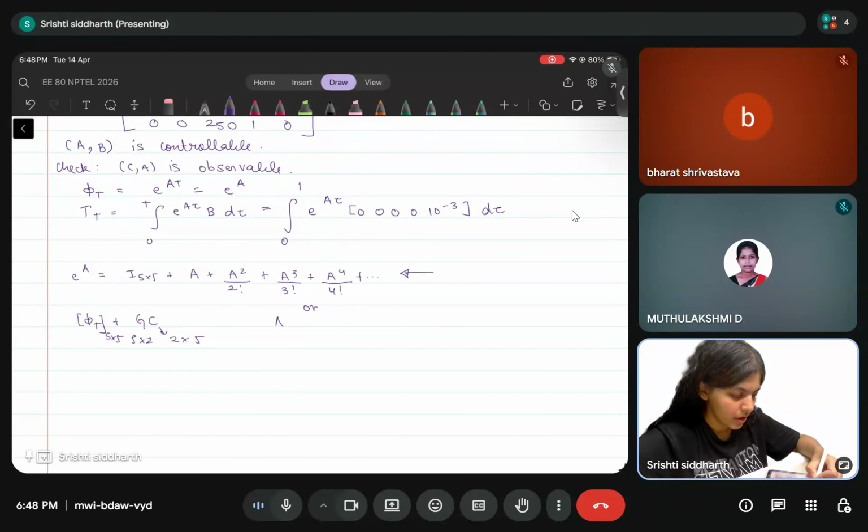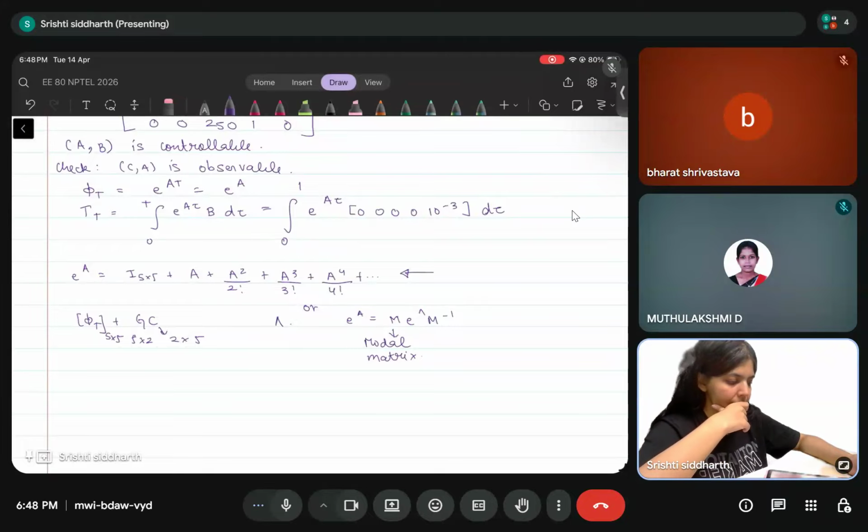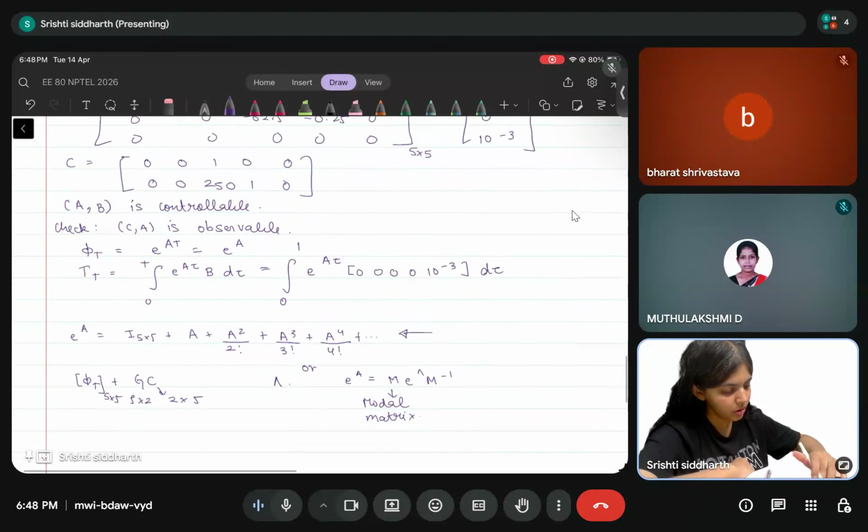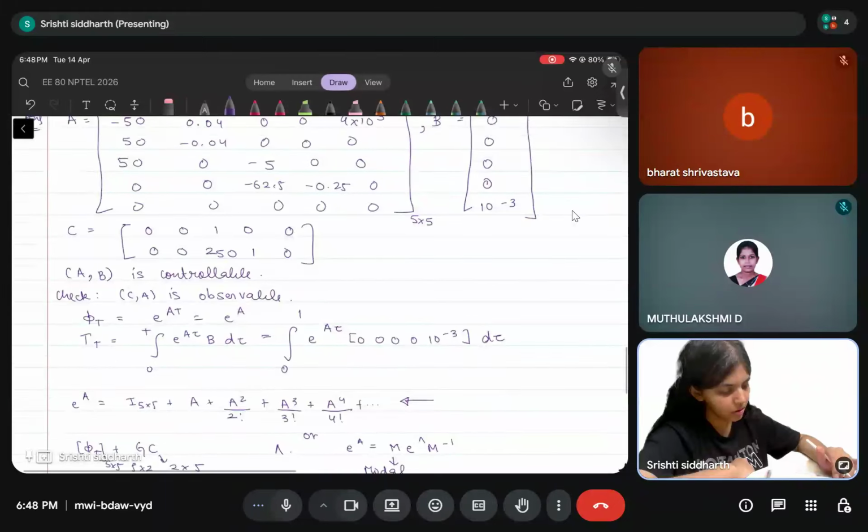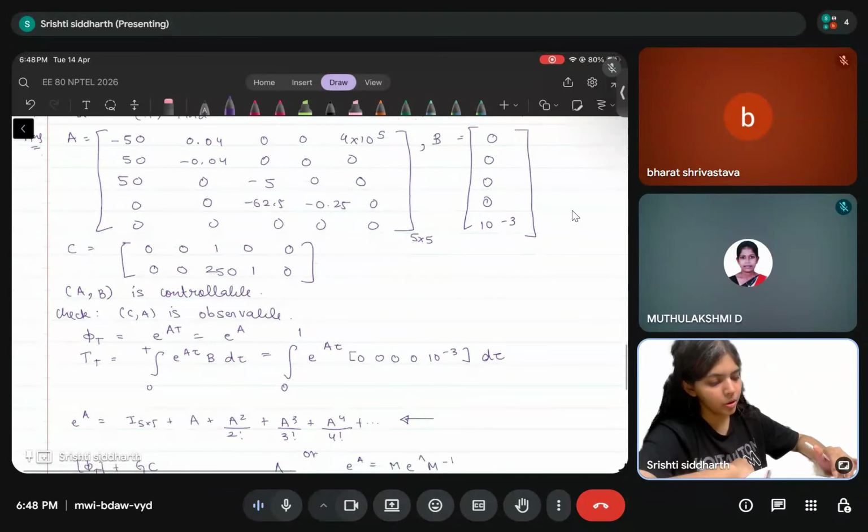So let's say the diagonal matrix is lambda. Then e to the power A would be N e to the power lambda N inverse, where N is the modal matrix. And we have to calculate the roots of the fifth order characteristic equation.